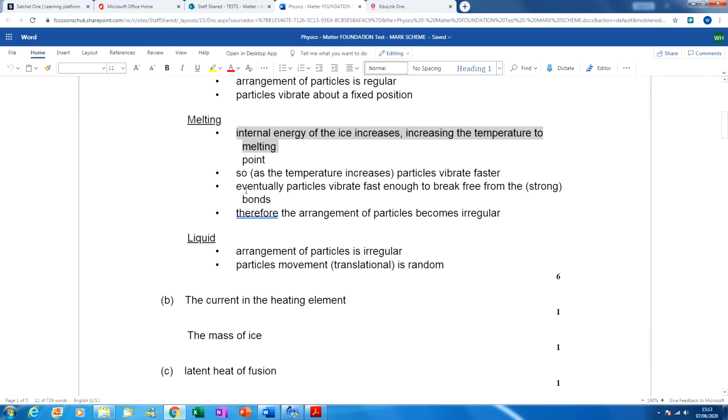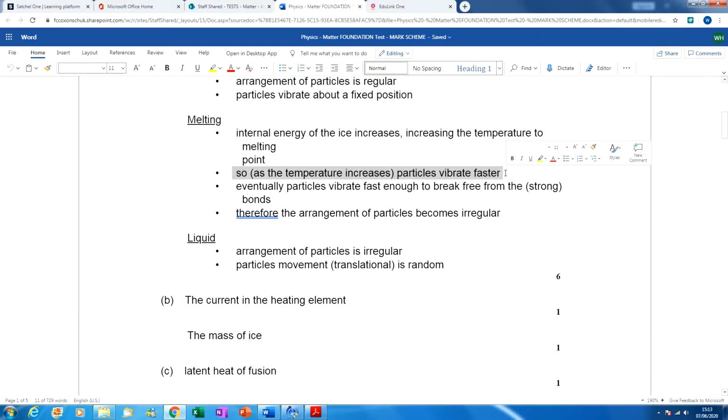If you take a look at a particle, the internal energy of that particle is the sum, adding together the sum of the potential energy and the kinetic energy. So they've said that increasing the internal energy means that the particles vibrate faster.